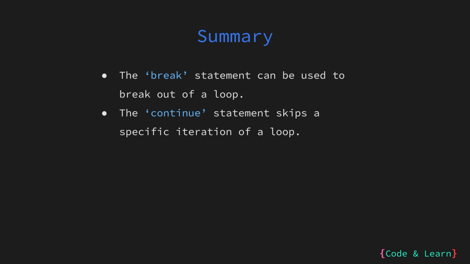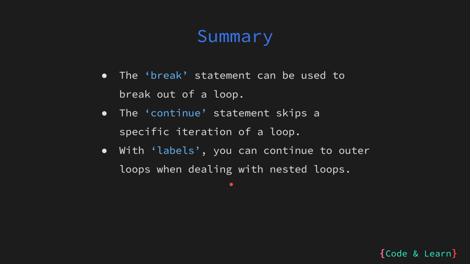This is useful when you want to bypass certain code execution based on a condition. Next, we looked at labels. Labels in Go are identifiers followed by a colon. They are used in conjunction with break, continue, and goto statements to specify which loop or block of code to affect. When dealing with nested loops, labels allow you to precisely control which loop you want to exit or continue, as we saw in our example.